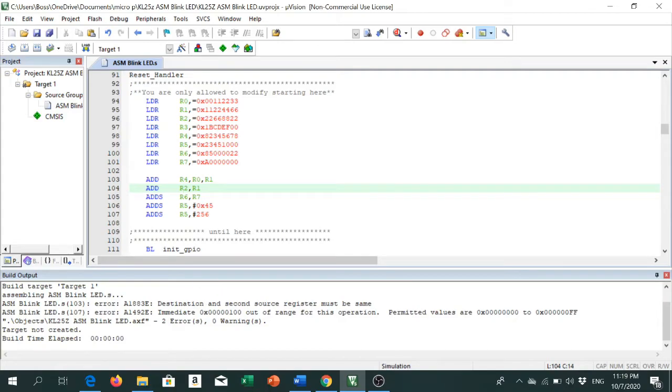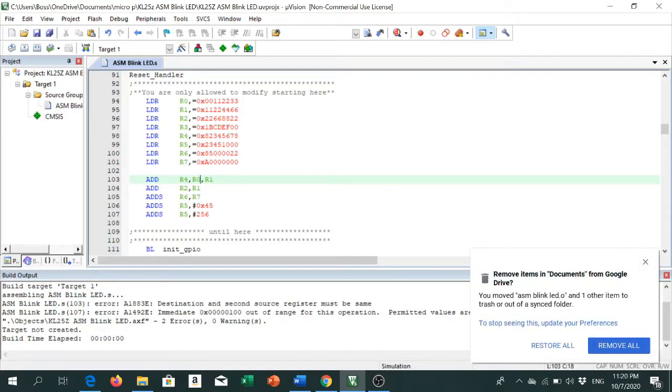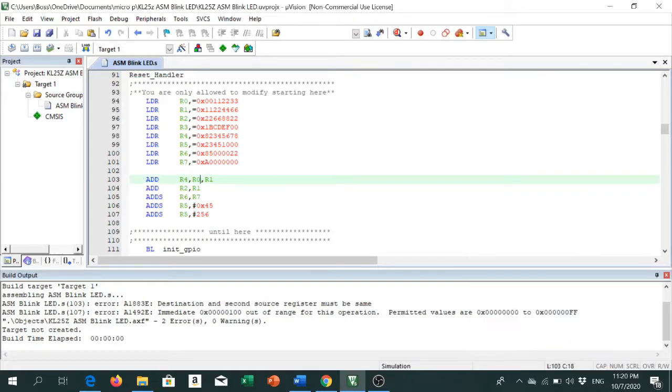The first error is that Rd and Rn are not the same register, so this must be R0. And the second error is the immediate value. It must be 0 until a maximum of 255.